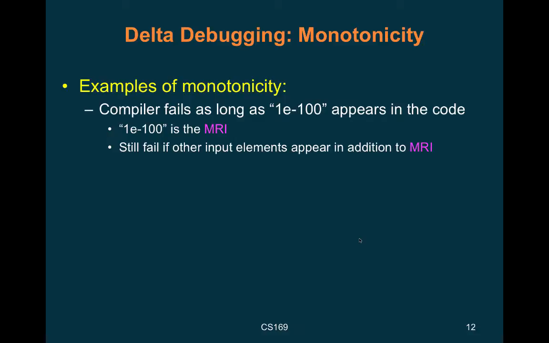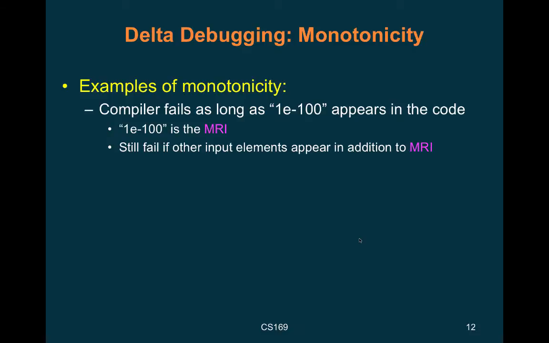I want to spend a couple of slides on this monotonicity because it makes or breaks delta debugging. And it's something you have to think about when you try to apply it. I'll give you some examples. Let's say that you have a compiler that crashes, this is the capital fail, the failure we care about, as long as this particular string of characters is in the input.